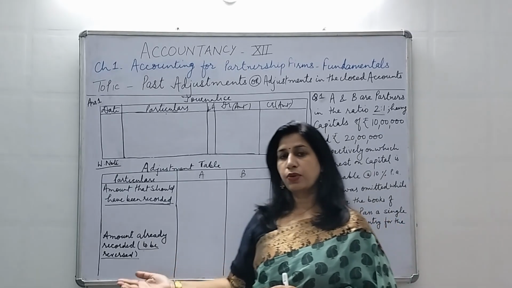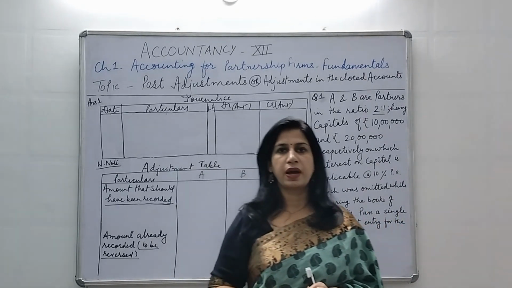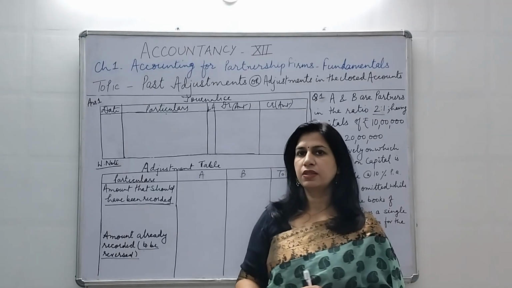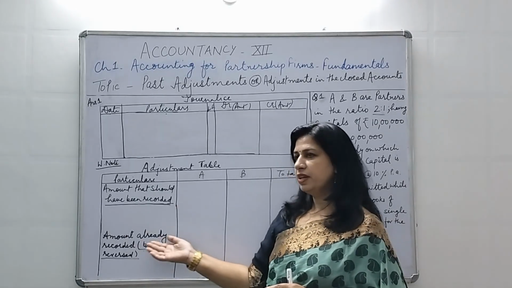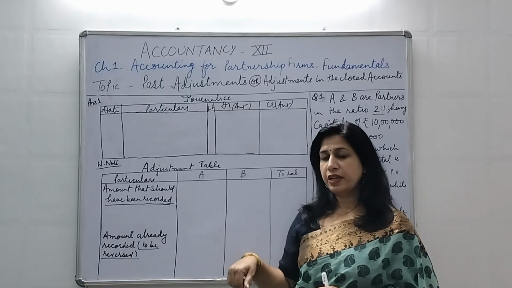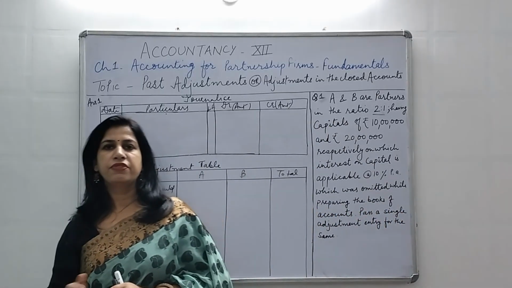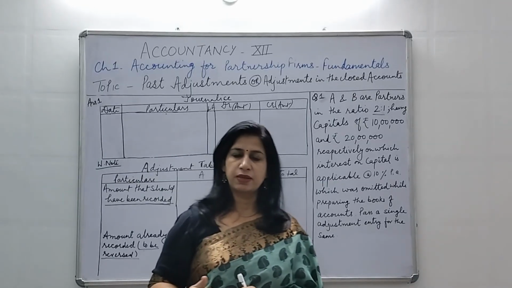Then it will be calculated what has already been done, that means the wrong part which has occurred, the error which has occurred will be written here, and then both the amounts will be compared to find out which partner should get more money and which partner should pay back the money.